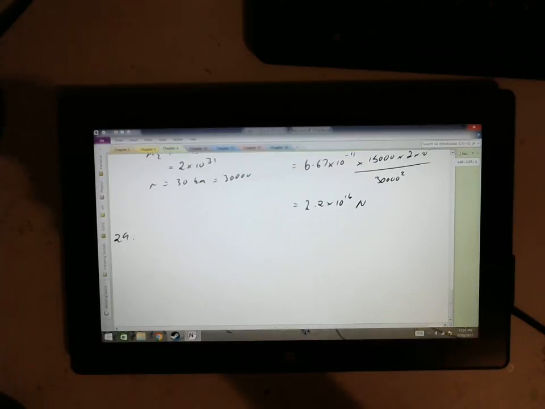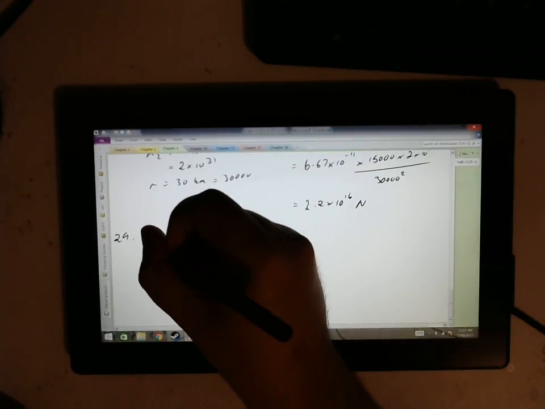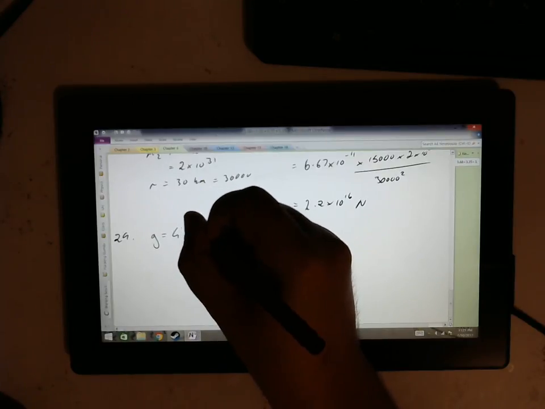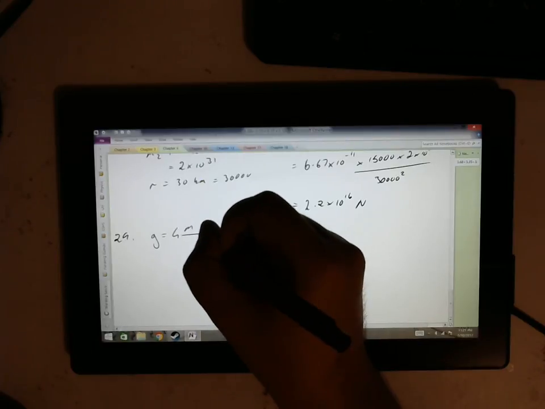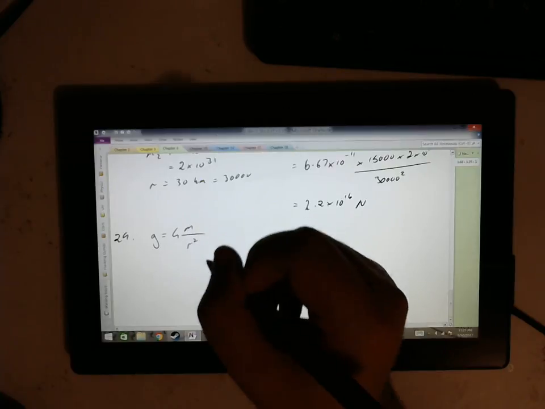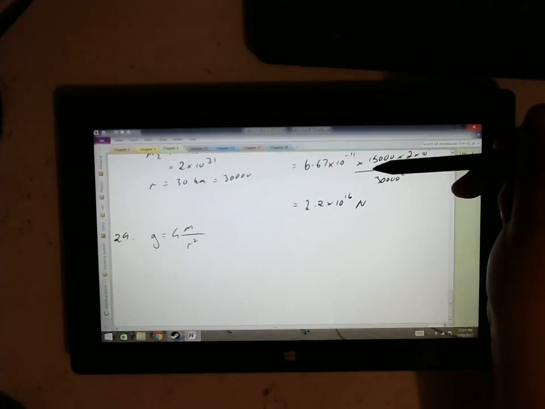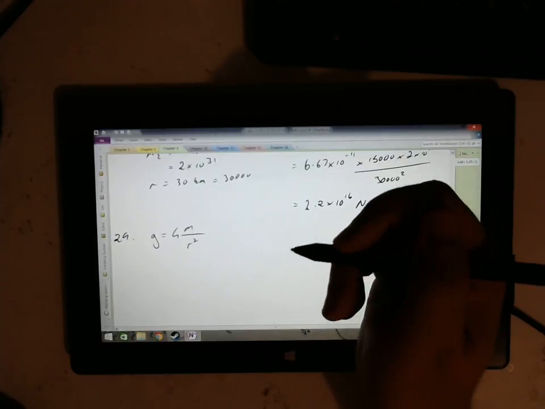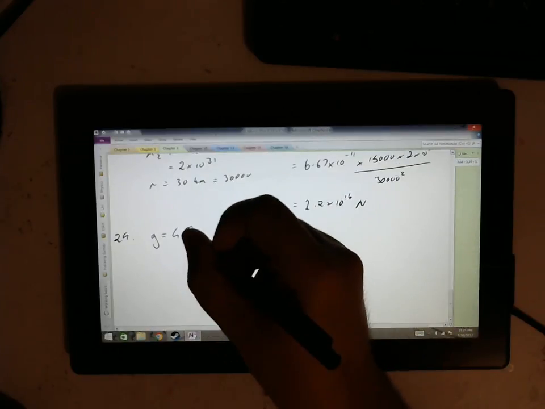Okay, so if we think about gravitational field, let's use g for gravitational field. g equals big G times the mass of the thing we care about, or the planet, or whatever that's orbiting, divided by the radius squared. It's the same as this previous formula up here, but we're getting rid of one mass term, basically. So we've got the mass of the Earth.